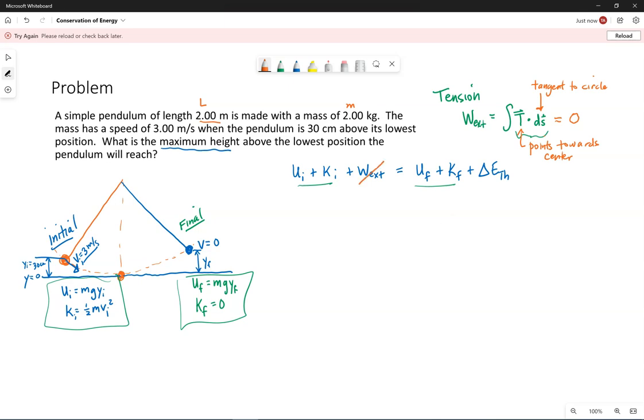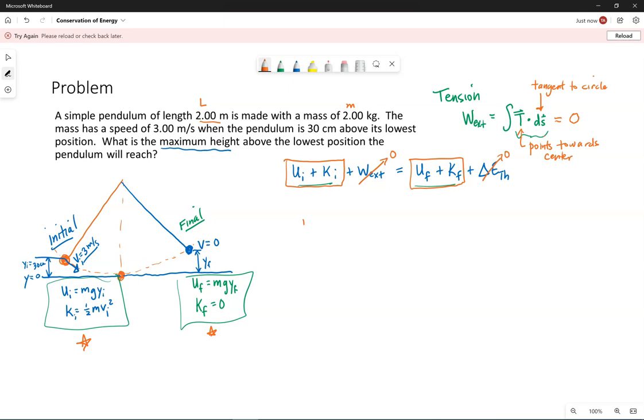So in this particular case, we actually do not have any work done by external forces. Delta E thermal is also zero because thermal energy is created when an object slides on another surface. The pendulum's not sliding. So we can set the initial potential and kinetic energy equal to the final potential and kinetic energy. I'm going to go ahead and pull these over.